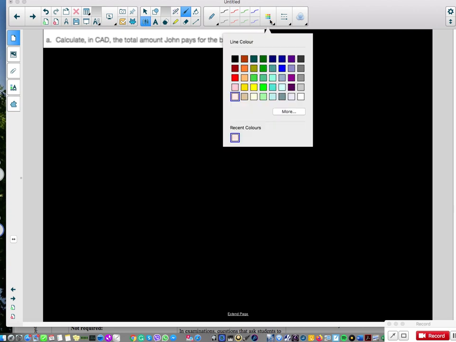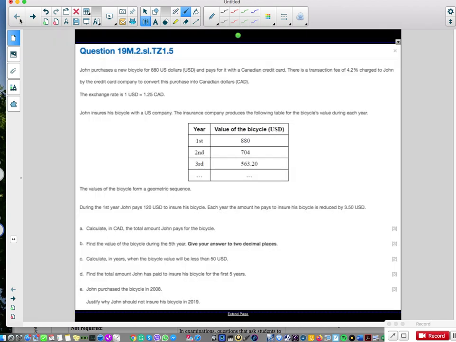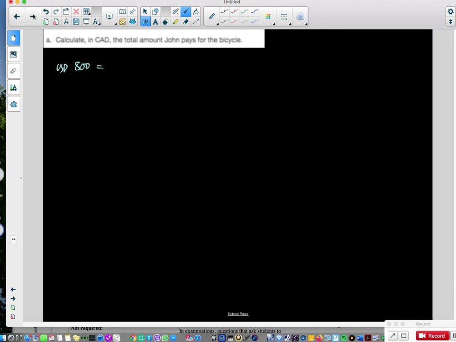I think the idea here is that we're going to take the 800 USD and change it into Canadian dollars. So to go from 1 to the number we multiply, we have said. So 800 times 1.25 is the Canadian dollars, which when you do it, I found 1,100.